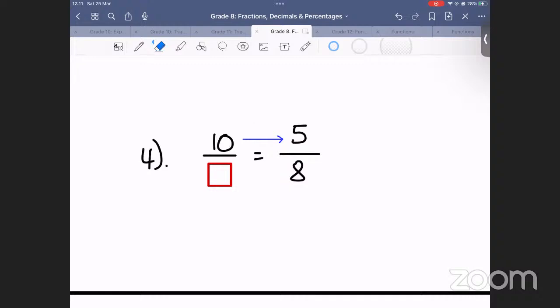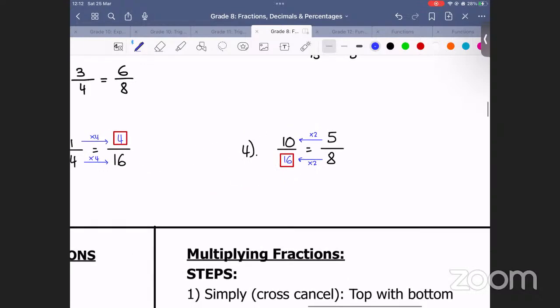Because our unknown is on the left side, we should see how we went from the left to the right. We multiplied by 2. So to go from 5 to 10, we multiplied by 2, and to go from 8 to the unknown, we multiply by 2 as well, and that becomes 16. So 10/16 is equal to 5/8.